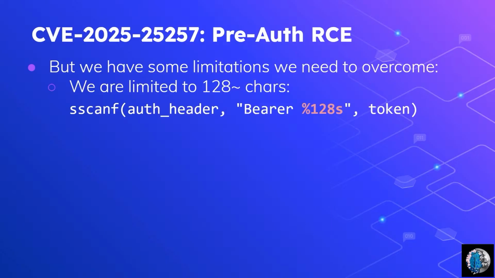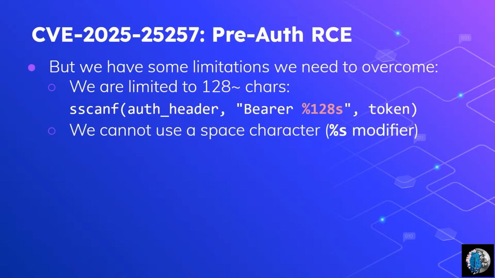You can do a lot of things with 128 characters, but not write an entire web shell. Because it's not just 128 characters for the file you write, it's 128 characters since the authorization header begins. So it costs you extra characters just to trigger the injection.